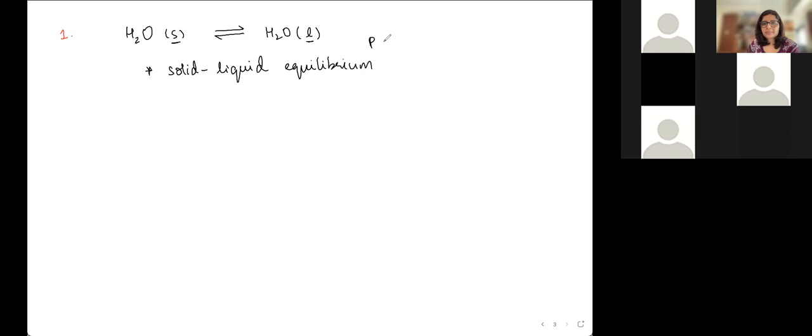So when the pressure is 1 atmosphere, our default we take is always 1 atmosphere. At what temperature would you find this equilibrium being established? At 0 degrees, 273 Celsius. Kelvin. Yes, both of you are right. 273 Kelvin, which is 0 degrees Celsius.